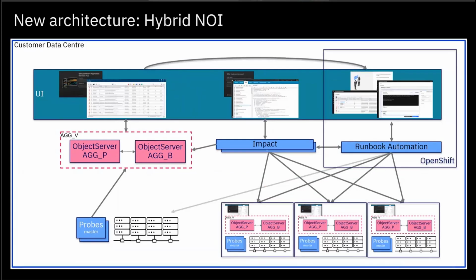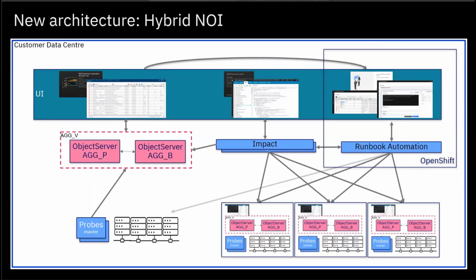In the previous chart, we had an installation with NOI, including the Impact and the web UI within OpenShift. There is an alternative installation option for NOI on OpenShift, which is called hybrid NOI.